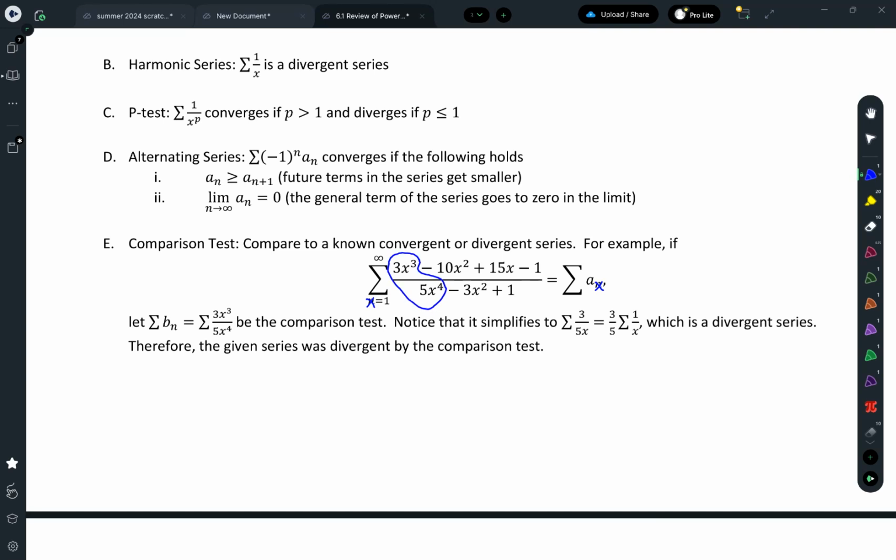So 3x cubed over 5x to the 4th simplifies to 3 over 5x. Then that 3 over 5 can come out in front, and we're looking at a multiple of the divergent harmonic series. That comparison test can be really nice when you just focus on the ratio of the two highest degree terms in the numerator and the denominator.